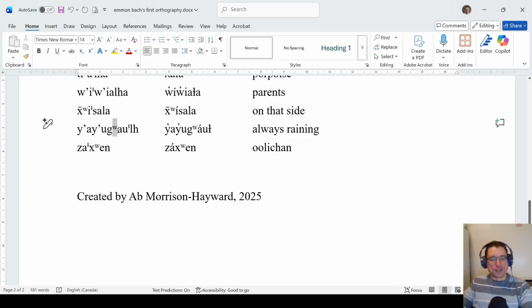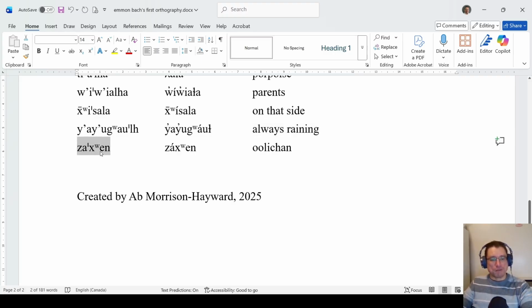And another thing is that this small raised W is actually kind of being cancelled out by this aw sound. So you don't actually hear this small raised W. So you can see the length of this representation compared to this representation. It's much shorter. It's the same pronunciation. Ya'ugos means always raining.